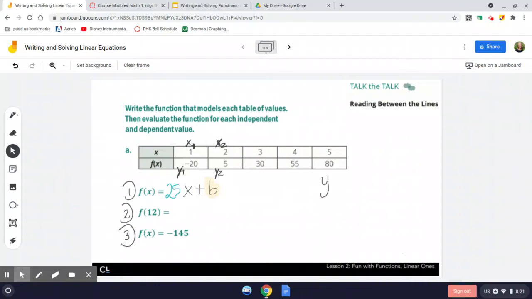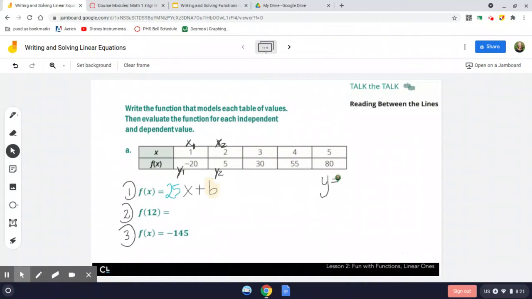But it only works when you're given an x value of 1. So I'm actually going to show you a different way, just to be consistent with my lesson today.